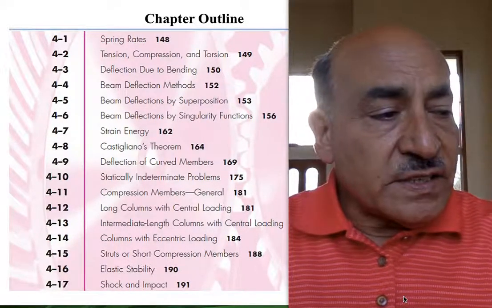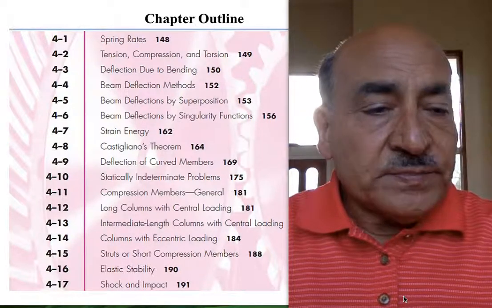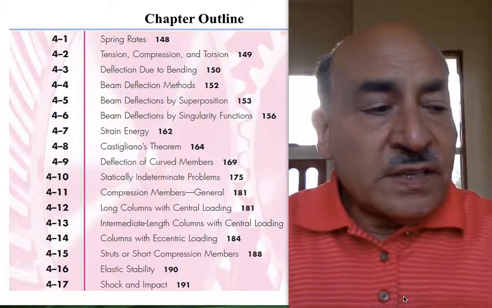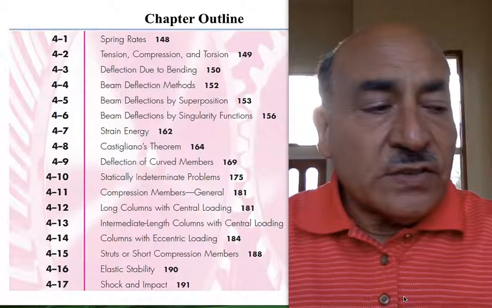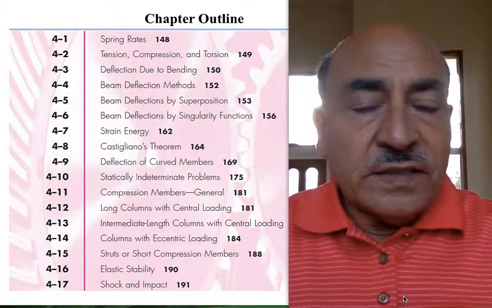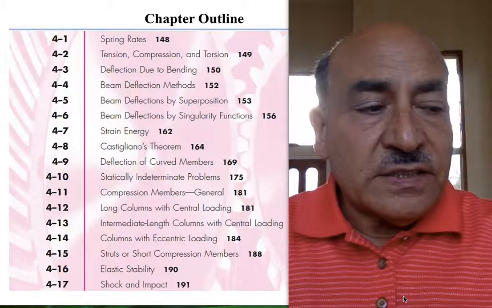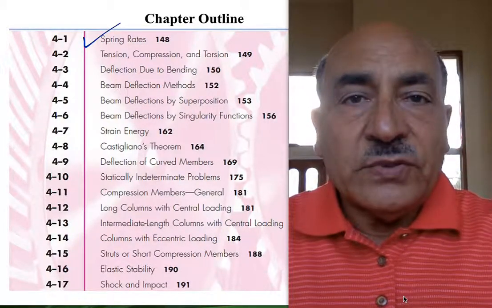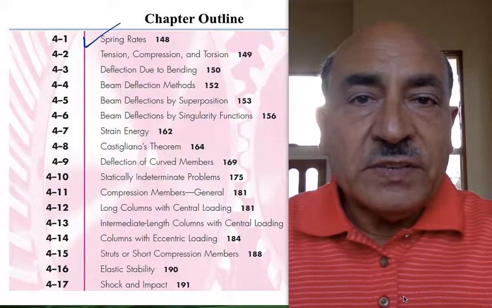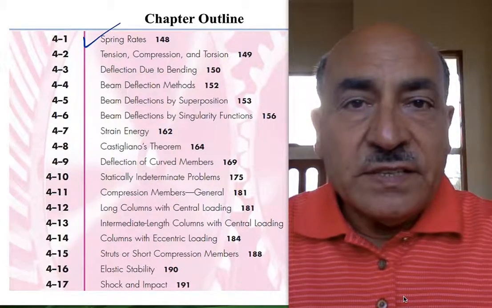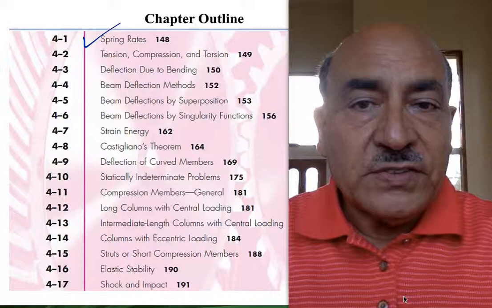So we'll see here that if you look at the chapter, we will start working on defining the spring rate for a beam, and the spring rate can be for a simple tension member or a bent member or any kind of configuration.